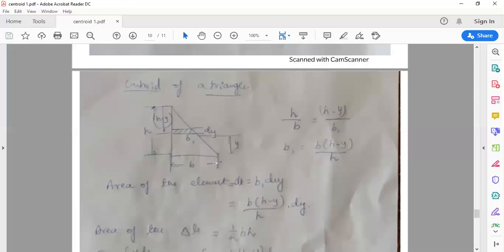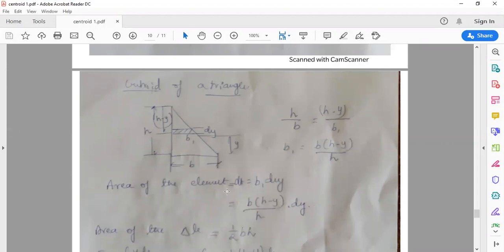This strip is located at a height y from the base, so the height above it is h minus y. From similar triangles, h is the height for base b and h minus y is the height for base b1, so b1 is b into (h minus y) by h. Substituting, the area of the element is b into (h minus y) by h into dy.